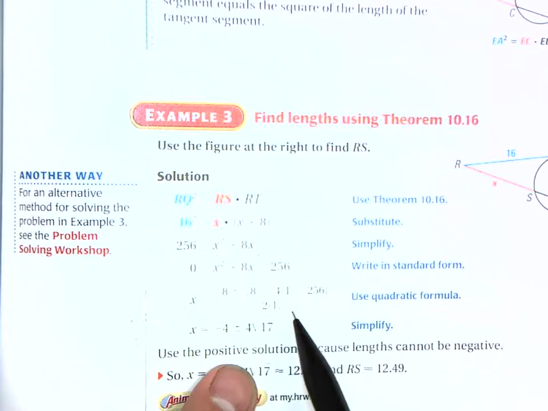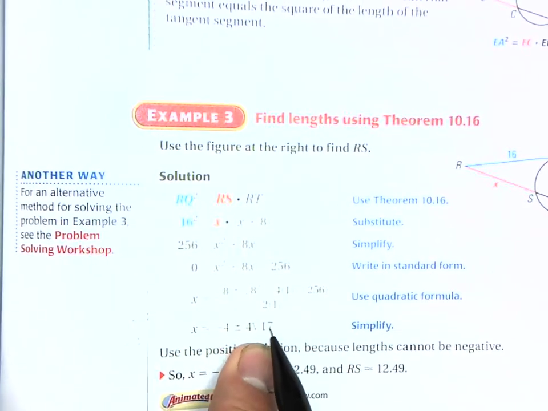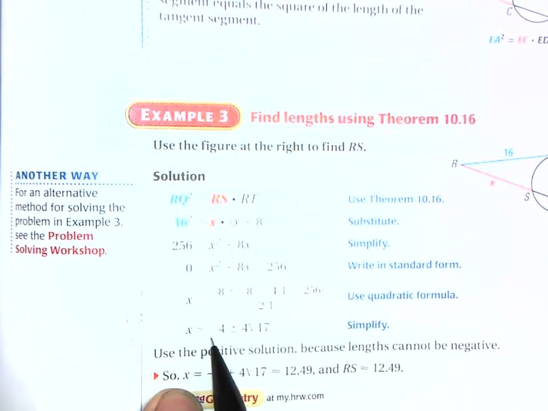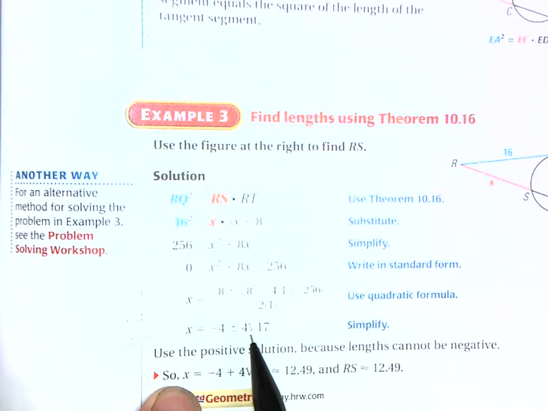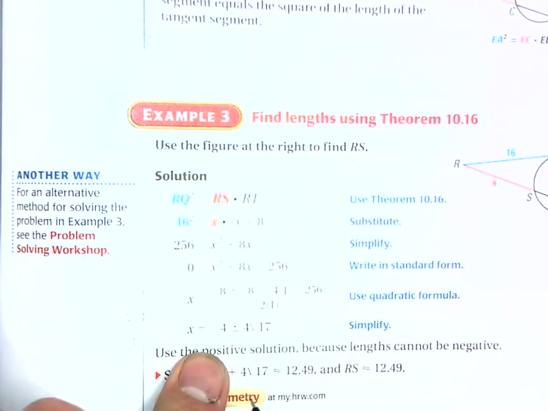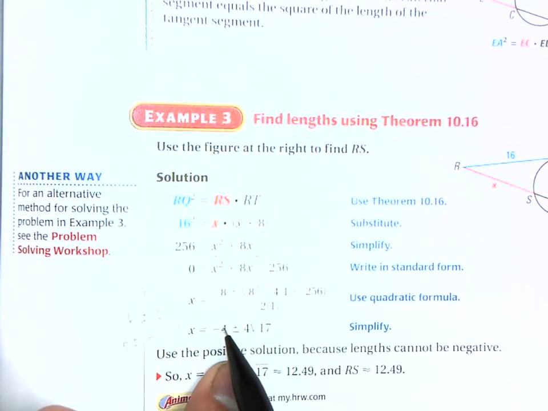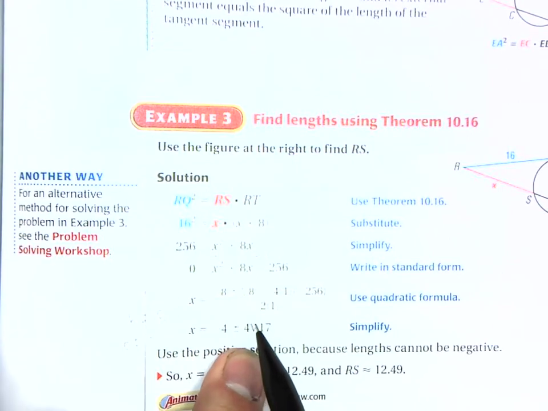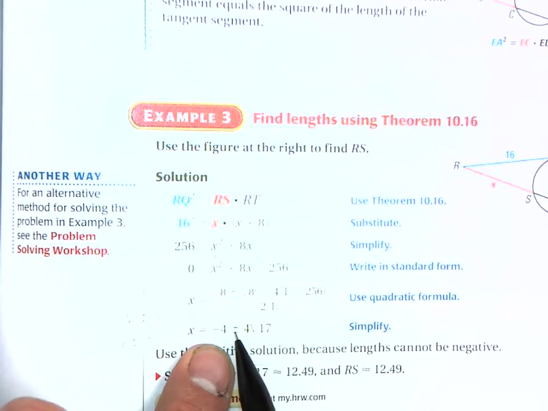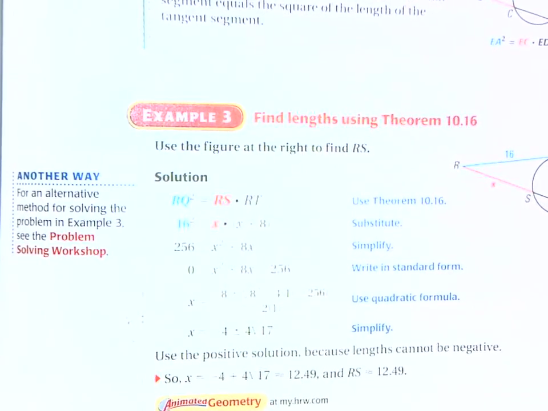And if you simplify this, simplifying inside the radical, you'll get 17 underneath the radical. So there's your answer: x is equal to negative 4 plus or minus 4 square root of 17. And if you want to, you can plug that into your calculator: first negative 4 plus 4 times square root of 17, and then negative 4 minus 4 times square root of 17. So two different answers.